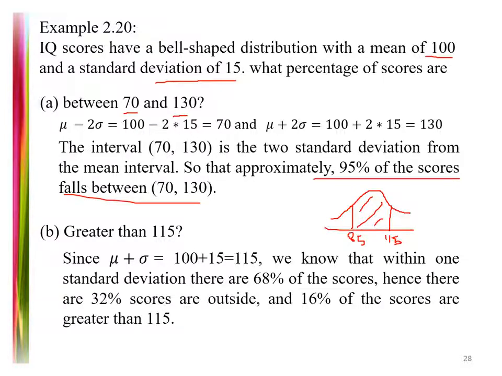But in this case, our question is what percentage of the scores are greater than 115? So that means this area. This is 68%, but this is symmetric, so the remaining 32% of scores are outside. Outside means less than 85 or greater than 115. And also this is symmetric, so they should each equal 32 divided by 2, so that means 16%. So you have an answer: 16% of the scores are greater than 115.